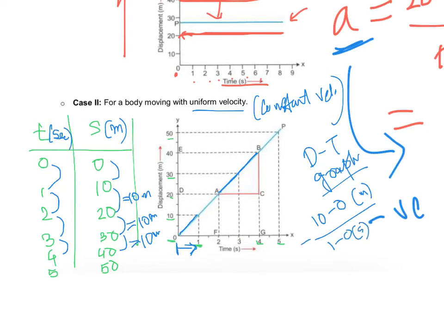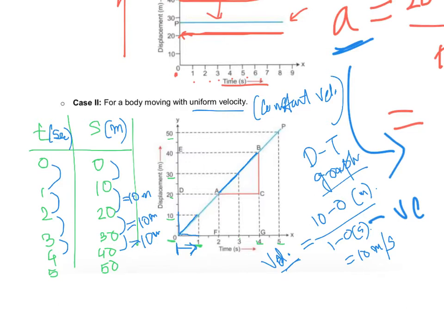So this is called a slope, which gives the velocity for this time period. So 10 by 1, that is 10 meter per second. Meter by second, that's the unit. So slope means change of y divided by change of x.